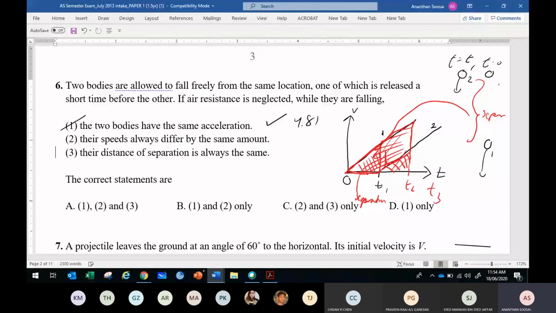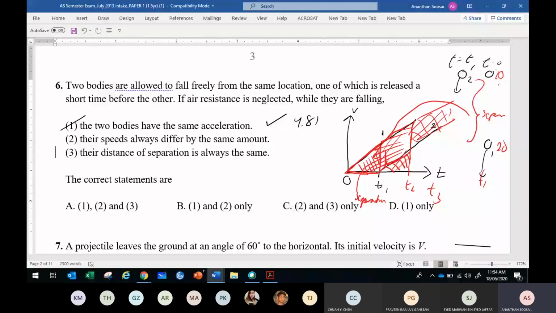So when you go to T3, the area of separation is increasing. They separate by a greater distance because at every moment, the speed of 1 is greater than the speed of 2. Let's say this is 20 meters per second and this is 10 meters per second at time T1. This one is traveling 20 meters in 1 second, you are traveling only 10 meters in 1 second.